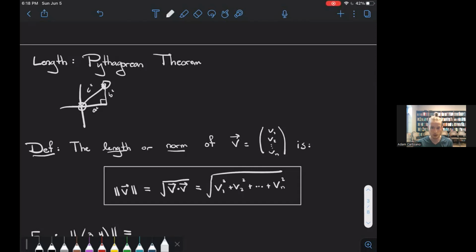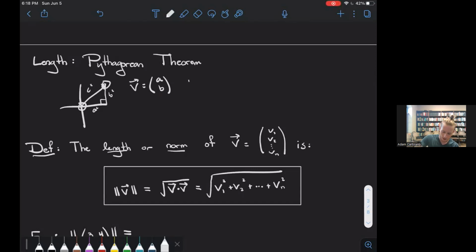Before we do that, let's take a look at these components. If this vector that we've drawn is the vector AB, I'll call it V. V is the vector AB.